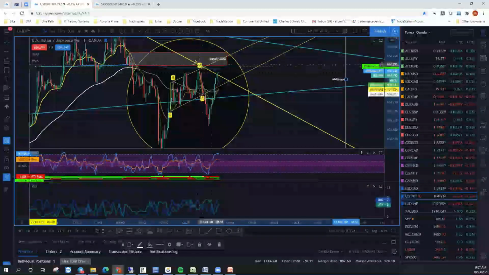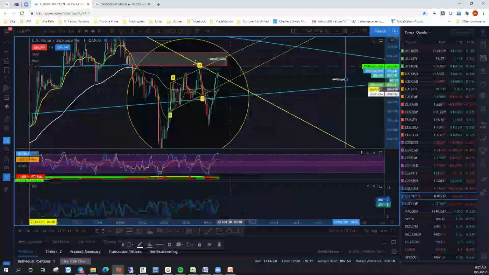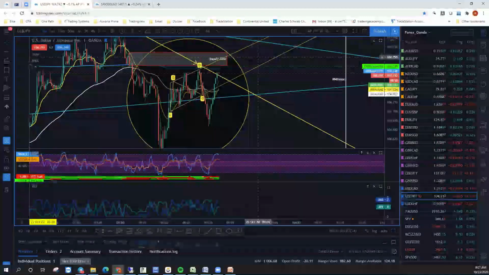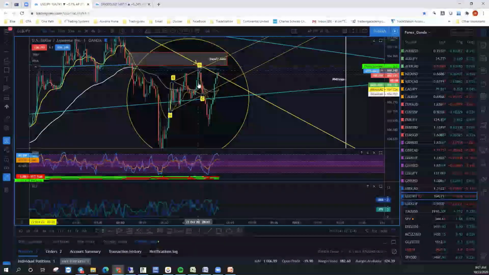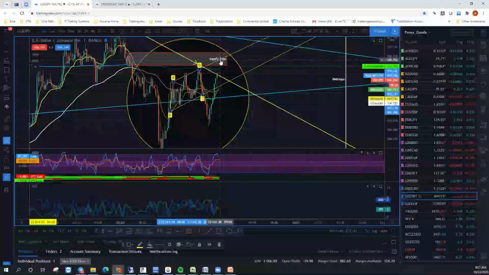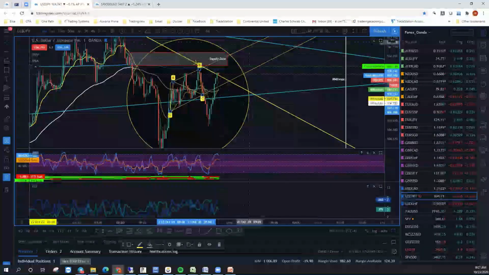So now it's trending inside this area. Even if it breaks, we're looking at the D, where the D is now. This is where the last validation of this was. So it should not break the top of this yellow trend line.